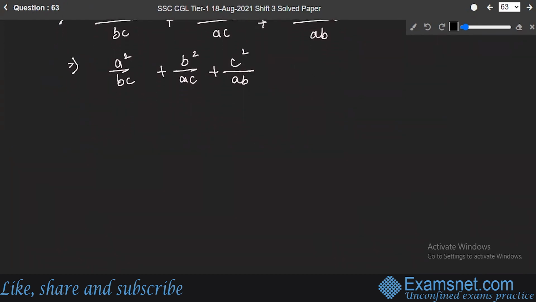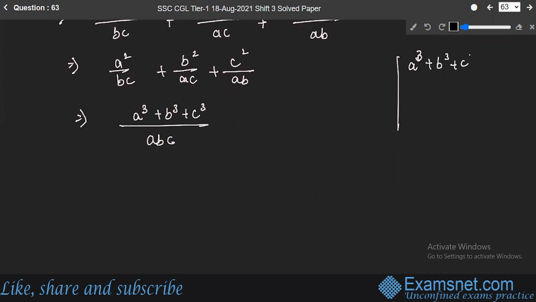So now taking the LCM, you will have abc in the denominator. In the numerator, you will have a cube plus b cube plus c cube. You know the formula for a cube plus b cube plus c cube? It is equal to (a plus b plus c) multiplied by (a square plus b square plus c square minus ab minus bc minus ca), plus 3abc.